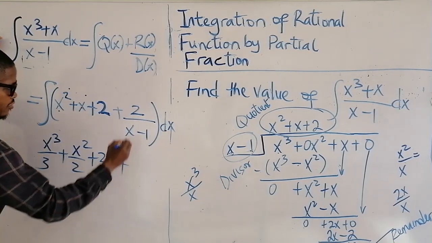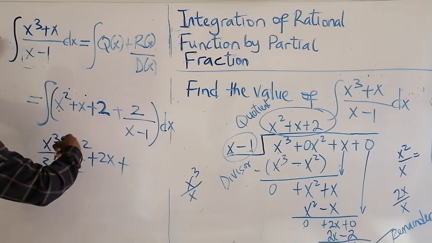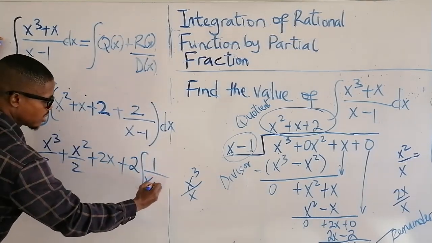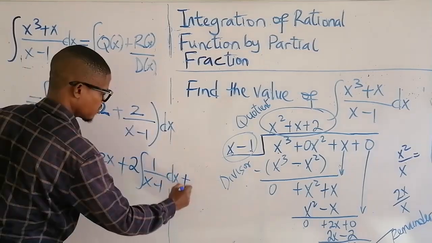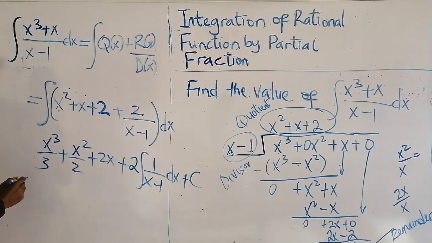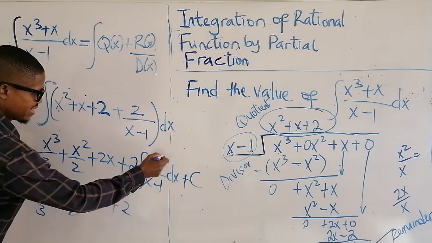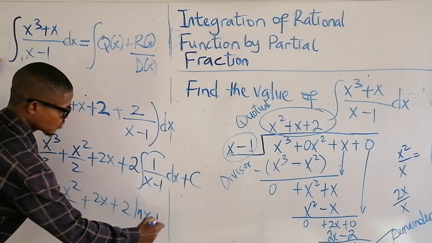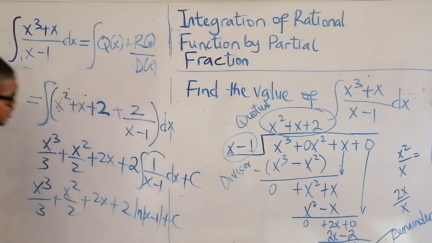And then the integral of this 2 is a constant which you can take outside the integration, and that will be 1 over x minus 1 dx, plus c. On the final conclusion, this integral is a direct table integral, and that will give you ln of x minus 1, plus c. And that finishes this question.